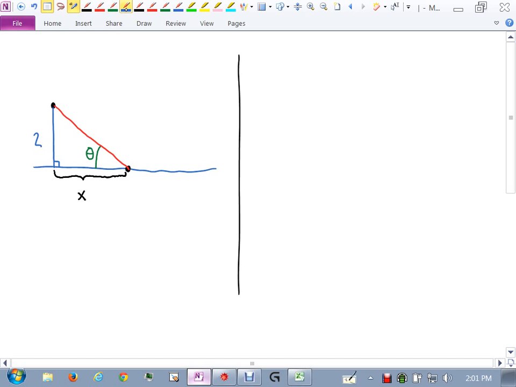Okay, let me draw my picture in time here. At the instant in time, I know that this is 2, right? I also know that the distance between the plane and the radar station is 6.